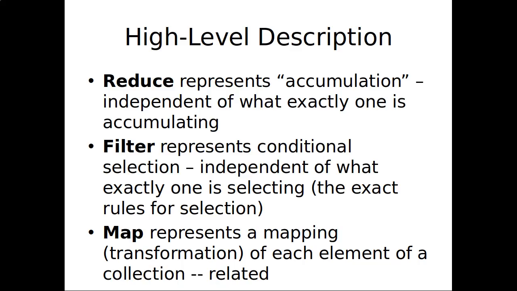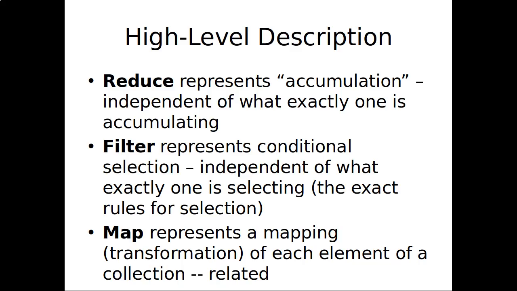Filter also takes a function and a collection. It operates on a collection with a function, so it's a higher order function. It takes a function in, or a closure in, more precisely. It goes through and tests each of those elements to see which of them pass the test. The predicate that's passed in evaluates: does this element pass the test? Only those that pass are kept, and a new collection is produced consisting of only those.